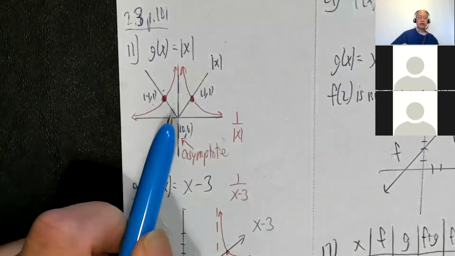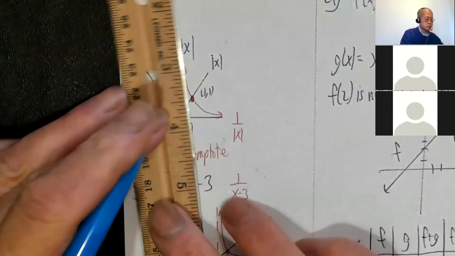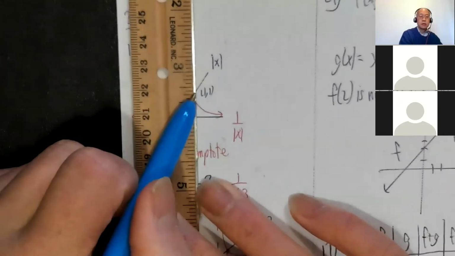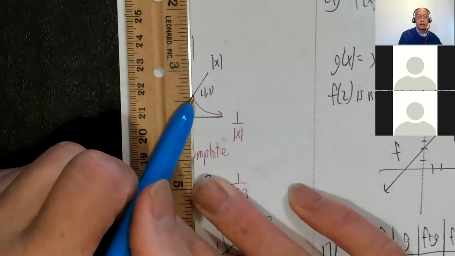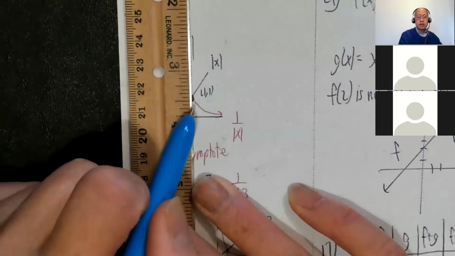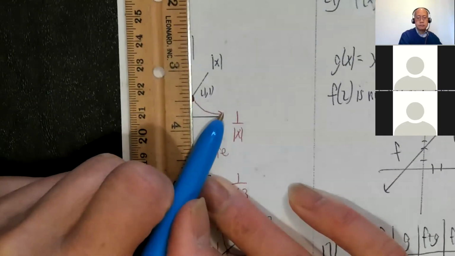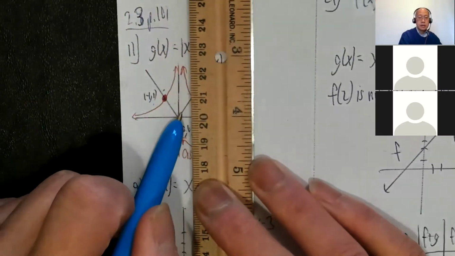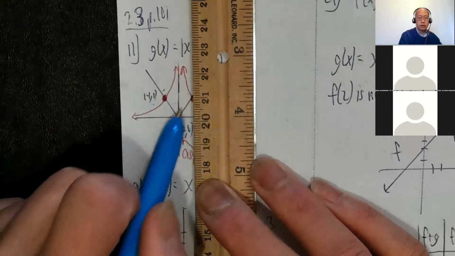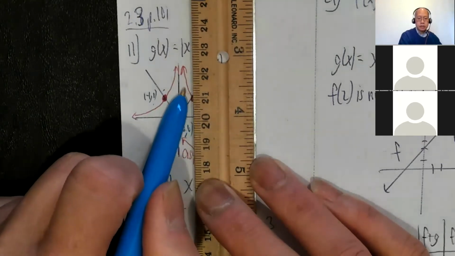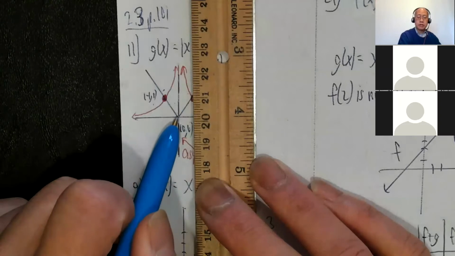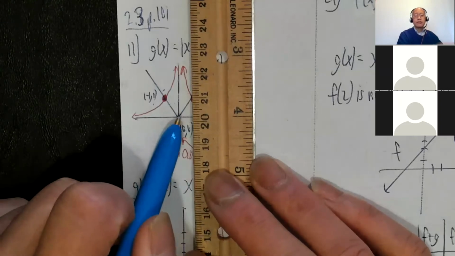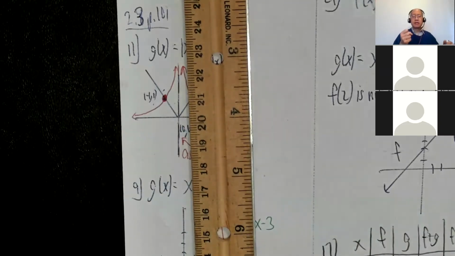And then here's the game that I play. If I start at 1, 1, right? Here it goes up. Therefore, this will go down. Going backwards to the origin, this goes down, so this goes up. When one goes up, the other goes down. If the function increases, the reciprocal decreases.